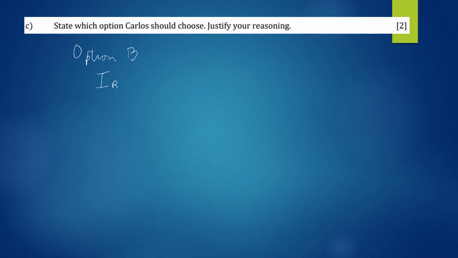The interest in option B is smaller than the interest in option A. If you recall, the interest in B is only 6,000 compared to option A, which is 7,385.89. So option B is better. But if she has no money for a down payment, then option A is better.